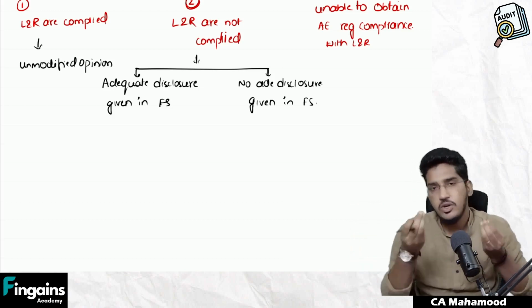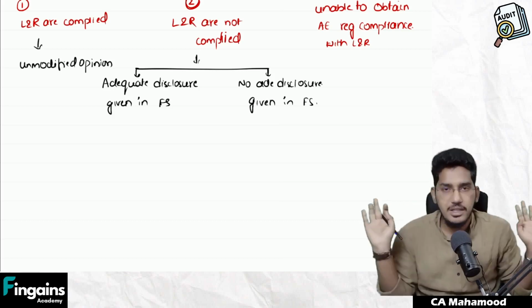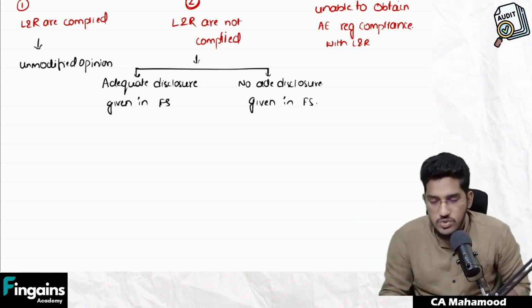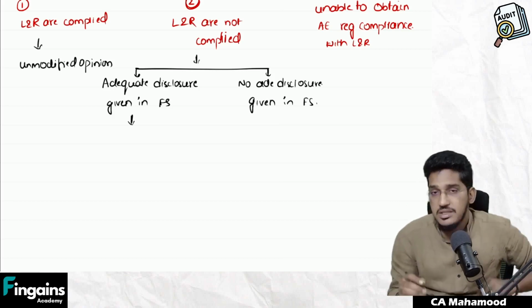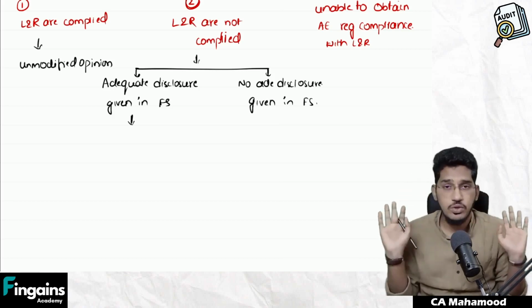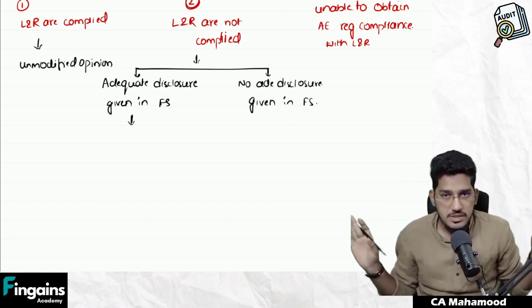Why? Because they are conveying all the information. Management did not hide anything. So if adequate disclosure is given in the financial statements, then the financial statements are giving a true and fair view only. Financial statements are not misleading.